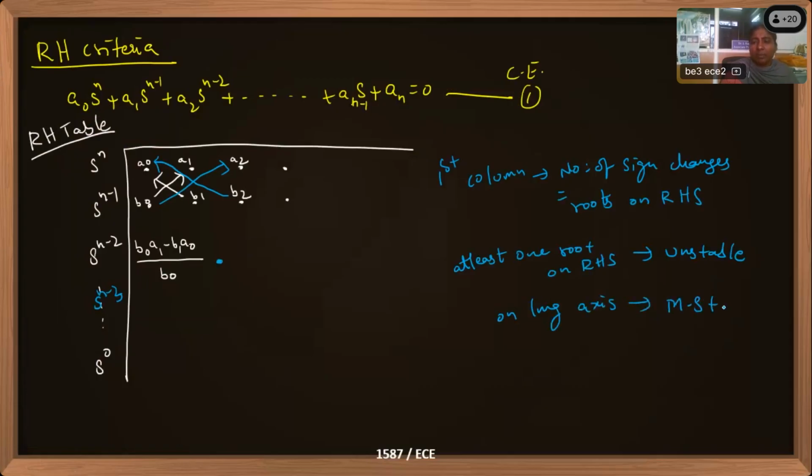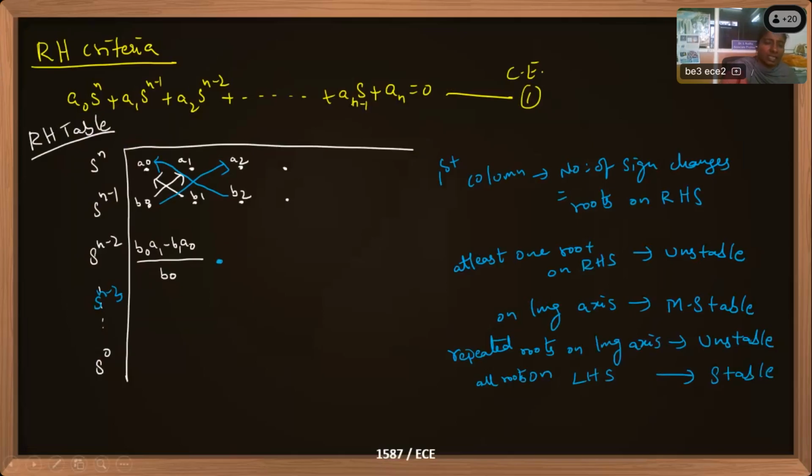If there are repeated roots on the imaginary axis, again it is unstable. If all the roots are on the LHS only, then we say the system is stable. Okay. So these are the conditions.